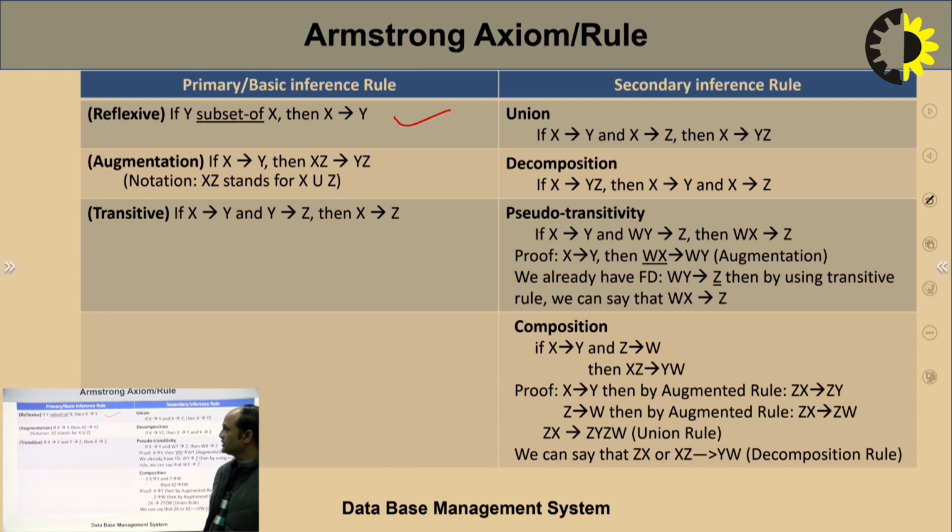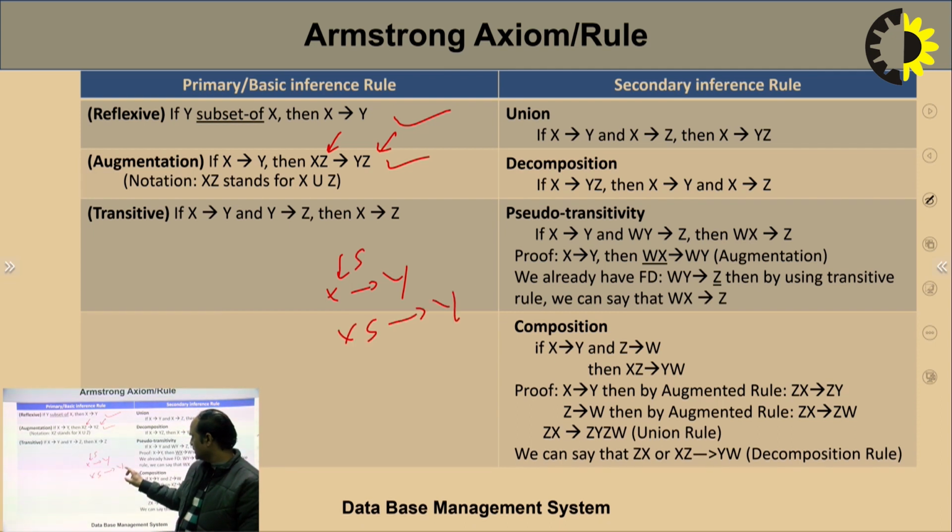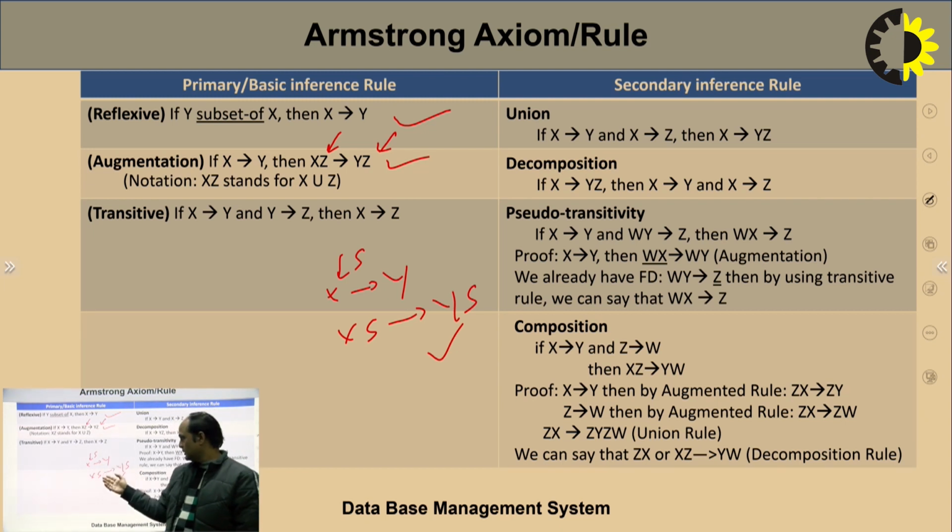In augmentation, if x tends to y, then xz tends to yz. Similarly, if x tends to y, then if we multiply by s, xs tends to ys. This is also true, and it is called the augmentation rule.